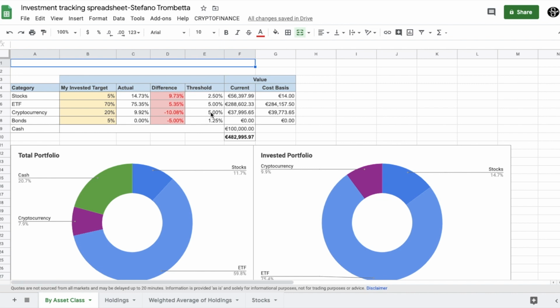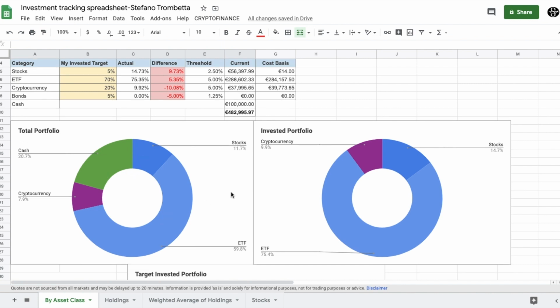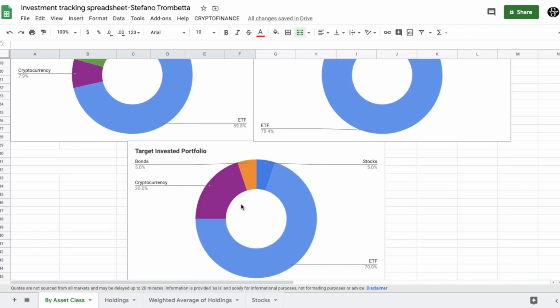And I put a threshold because it's difficult to balance how much money you're putting in each investment. This is how much you paid, and this is a pie chart of all your money. Where is it? Is it in liquidity, crypto, stocks, ETFs? And this is the amount that you're invested in, so without cash. And this is how you want it to be.